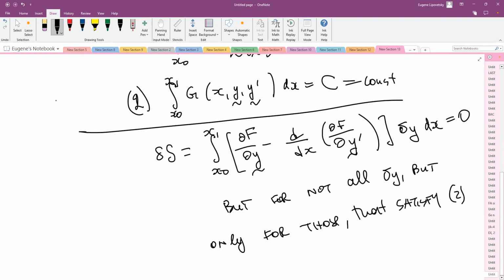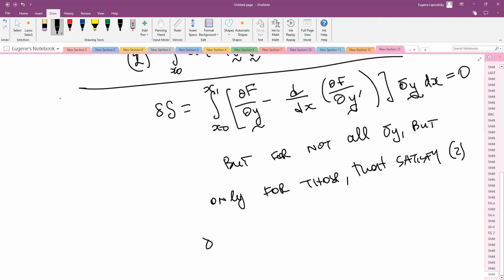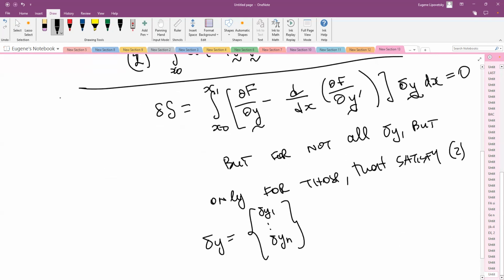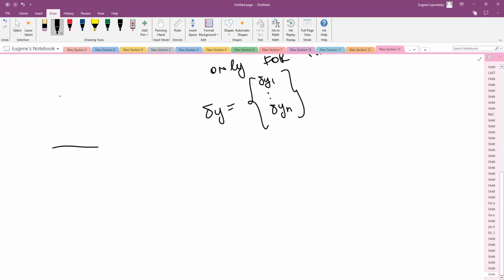We have the dimensions of delta y: delta y1, etc., delta yn, n dimensional. But not all of them are independent, since they have to satisfy this condition. So how do you solve this? You solve it similar to calculus.